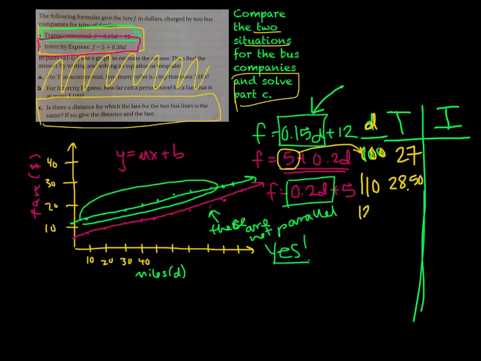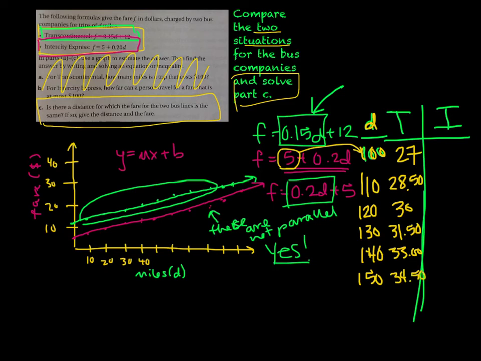If we had 120, our amount is going to end up increasing by $1.50. That's how much it increases by every 10 miles. So that means it's $30. If it's 130, it ends up being $31.50. Let's go up to maybe 150 and see if it crosses.